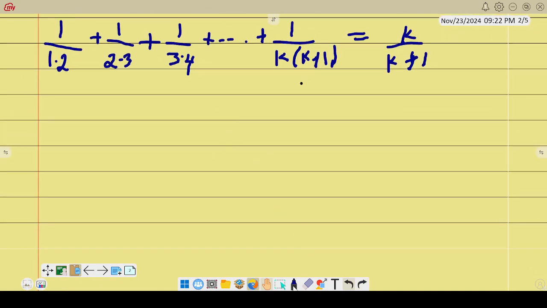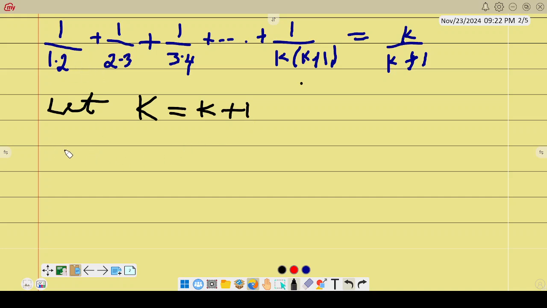Okay, so this is the part where your attention is needed a lot. So now we're going to let k is equal to k plus 1.